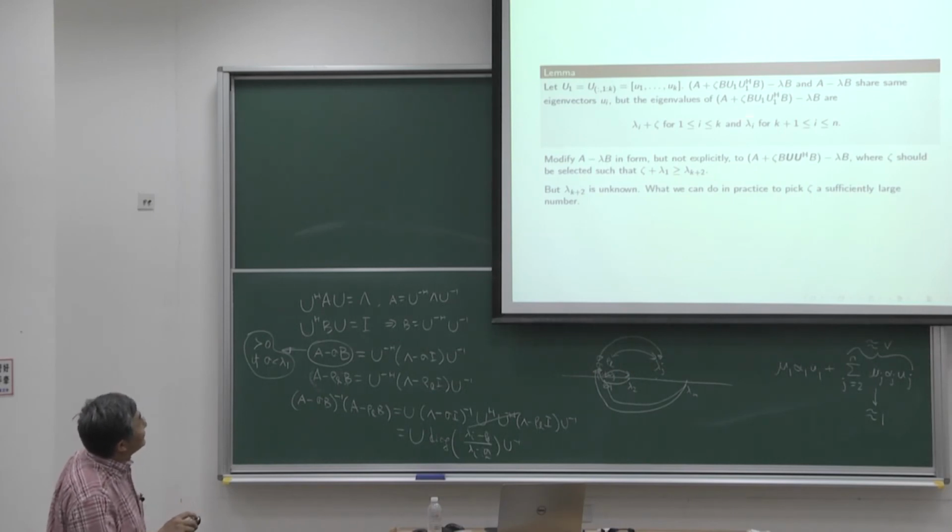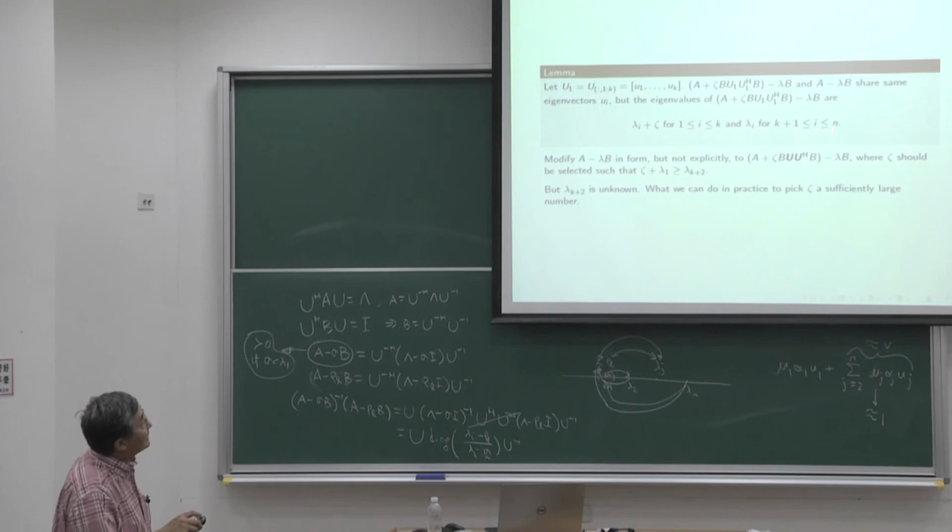deflation. This is a theorem from the homework that you have completed that says if you use U1, which is the first k exact eigenvectors, and you consider this matrix pencil and the original pencil, they share the same eigenvectors, but the eigenvalues of the new, shifted pencil are going to be different. The first k eigenvalues are shifted by a number called zeta here, which is the shift put right there.